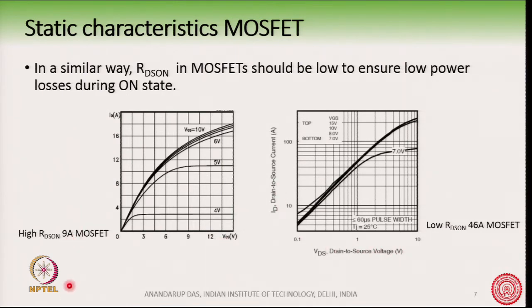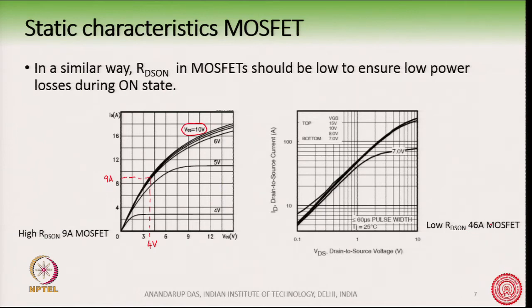For this 9 ampere MOSFET, we are somewhere here at 9 ampere, and you can see the VDS may be roughly around 4 volt. For a VGS value, maybe we can take 10 volt.